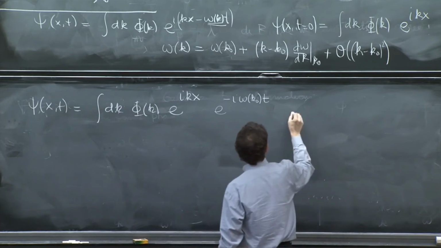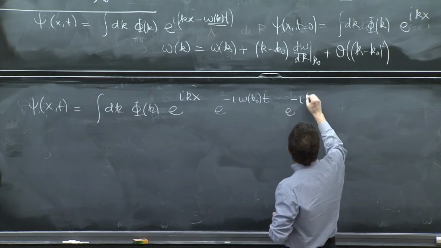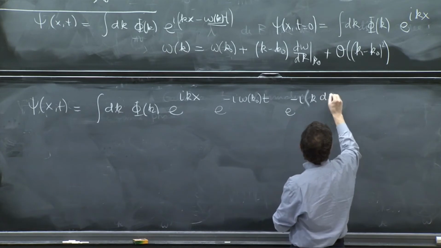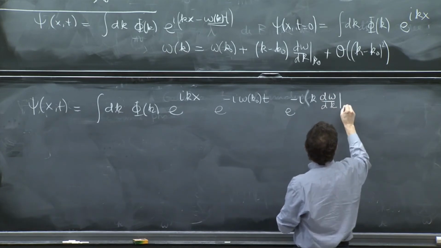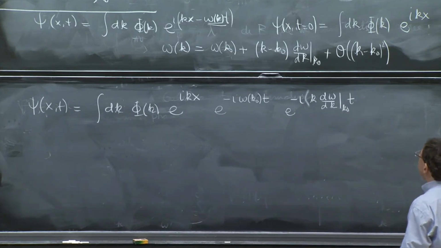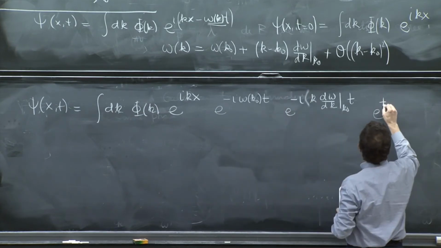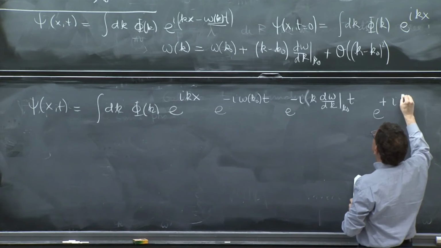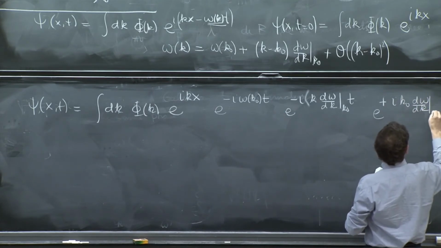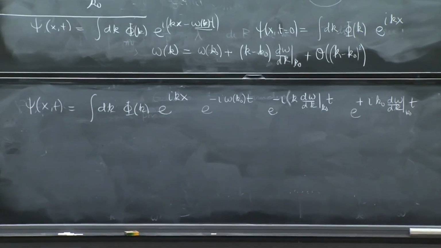That's the first factor. e to the minus i, the second factor, (k) d omega dk at k naught times t. And the third factor is this one with the k naught, e to the plus i k naught d omega dk at k naught t, plus order higher up.